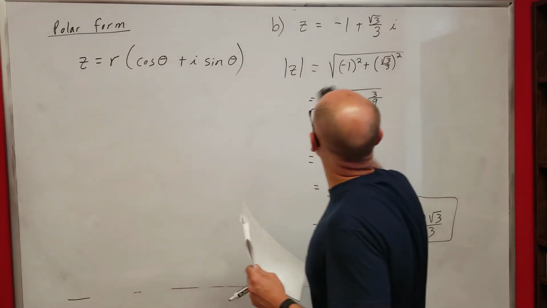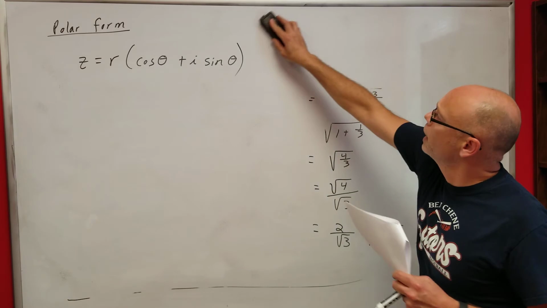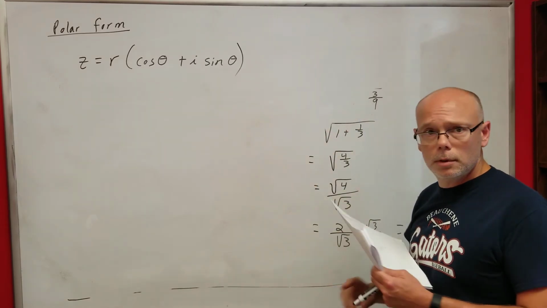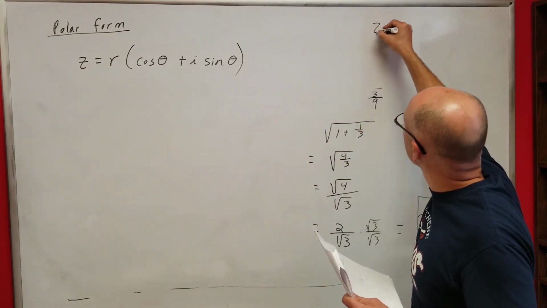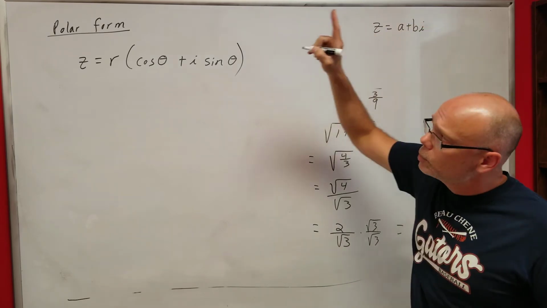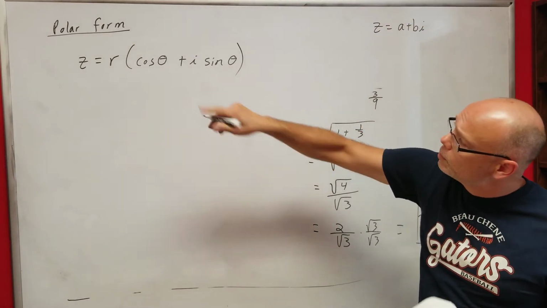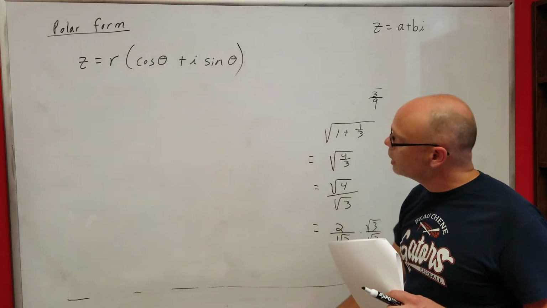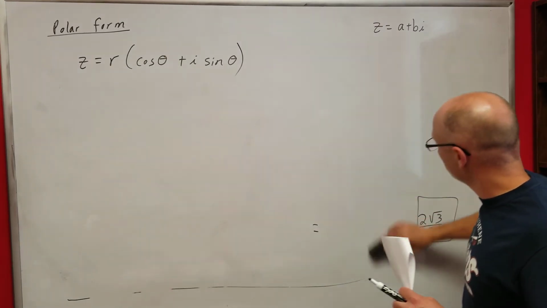Okay? So normally we have in rectangular form z is equal to a plus bi, but sometimes we want to convert them to polar form, so we want to put them in r times the cosine of theta plus i sine of theta, okay?